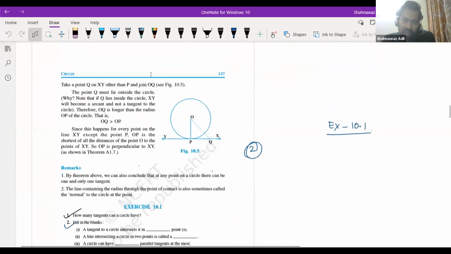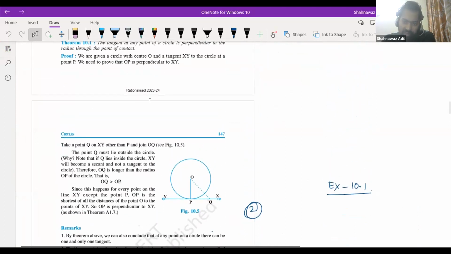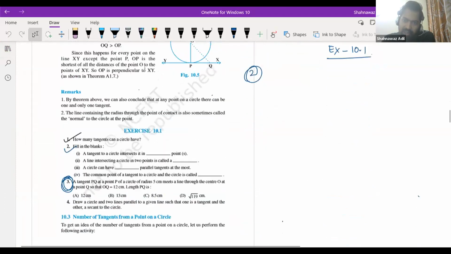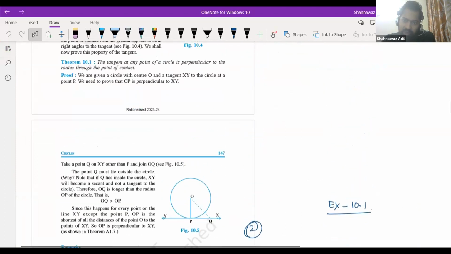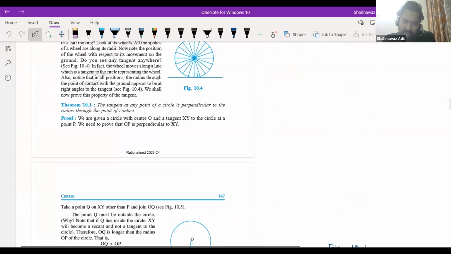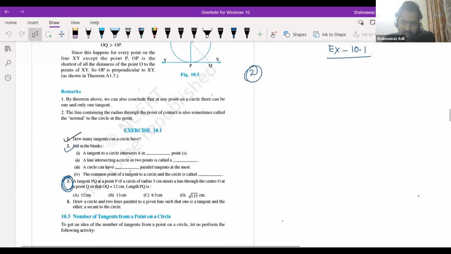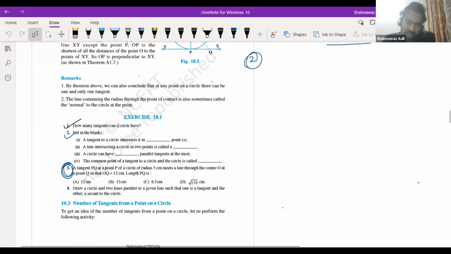They have not written theorem 10.2, they have just written theorem 10.1. So we have to write the wordings as well. When we talk about theorem 10.3, from the book that would be 10.2. So we'll talk about that later.